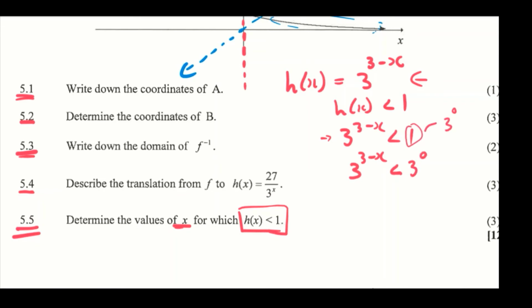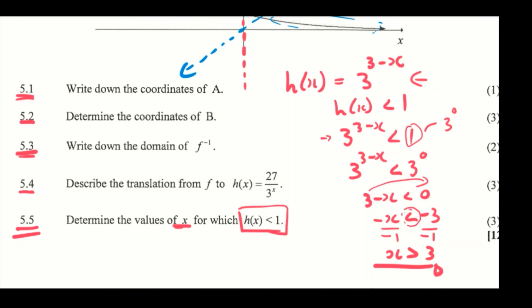With the same base, we just drop the bases and compare exponents, so 3 minus x less than 0. Then we transpose the 3 to the other side: minus x less than minus 3. Then we divide by negative 1 on both sides, so x is greater than 3. Yes, the inequality sign changes if you divide by a negative. So we have x greater than 3. That is the solution.